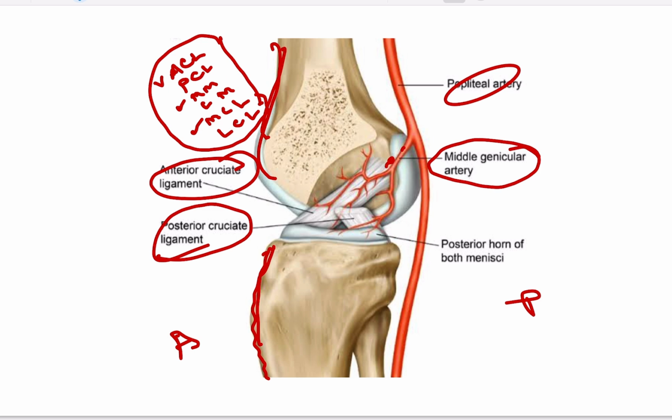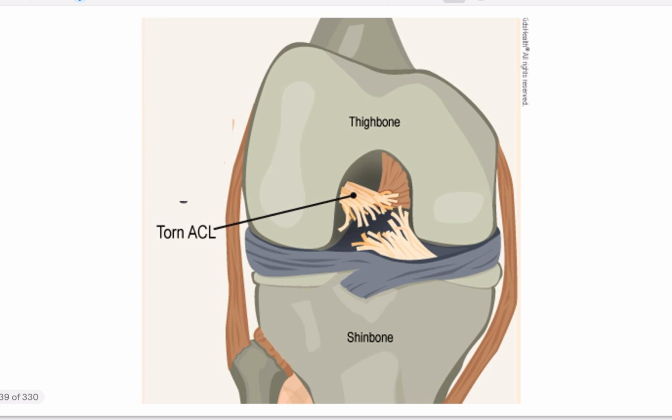Also here we can see the menisci. So this is in short the knee joint anatomy regarding this question. Here we can see the anterior cruciate ligament tearing, and these are the menisci. This one is the posterior cruciate ligament.